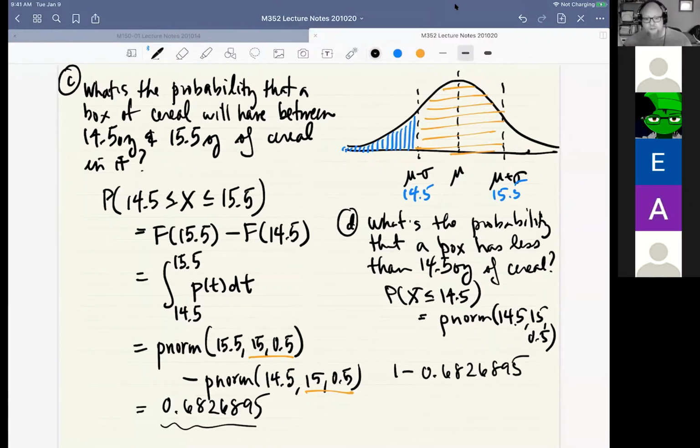But because the distribution is symmetric, and this is the area of both tails, the area of one tail is just half that. So there's the number. And if you calculate this out, you get 0.1586553.